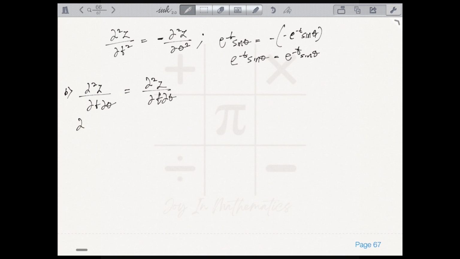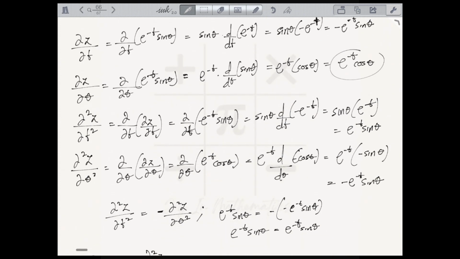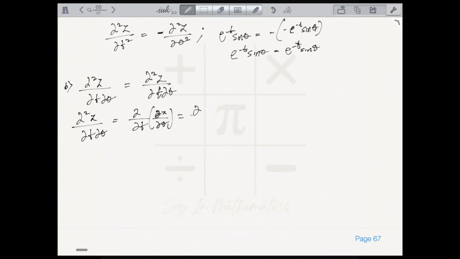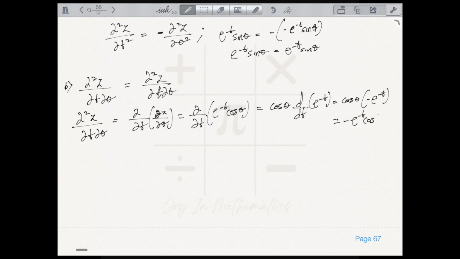So let's begin with ∂²z/∂t∂θ, and this is equal to ∂/∂t of ∂z/∂θ. Now ∂z/∂θ is e^(-t) cos θ, and that is ∂/∂t of e^(-t) cos θ, and therefore our cos θ is kept constant, and we are fully differentiating e^(-t), and this will give us cos θ multiplied by minus e^(-t), and we will be left with minus e^(-t) cos θ.